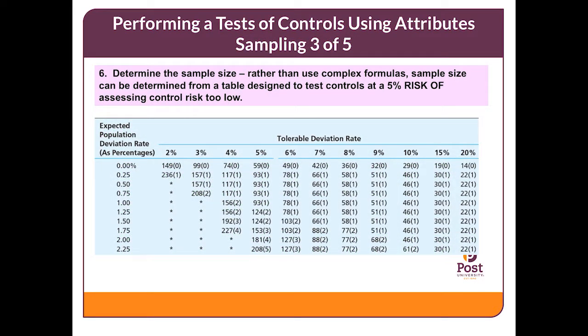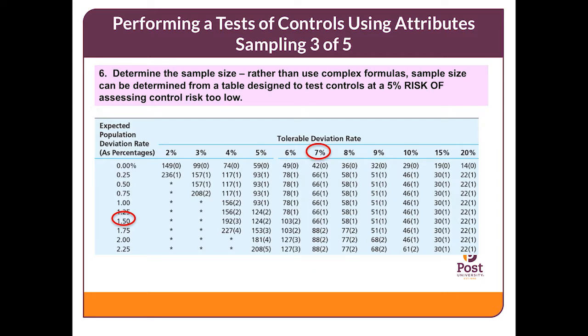Now we determine the sample size. Rather than use complex formulas, sample size can be determined from a table designed to test controls at a 5% risk of assessing control risk too low. Our expected population deviation rate is 1.5%.